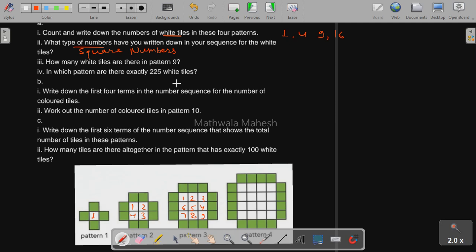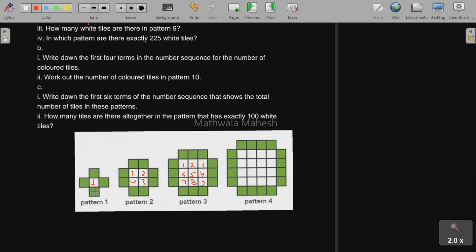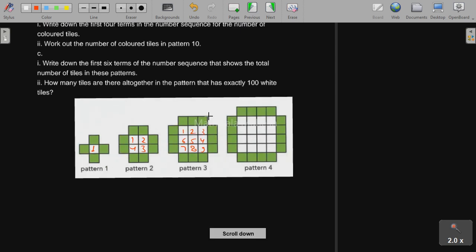How many white tiles are there in pattern 9? We can see that in pattern 1, one tile, in pattern 2, 4 tiles, in pattern 3, 9 tiles, in pattern 4, 16 tiles. For any pattern, we have to find the square of that number.